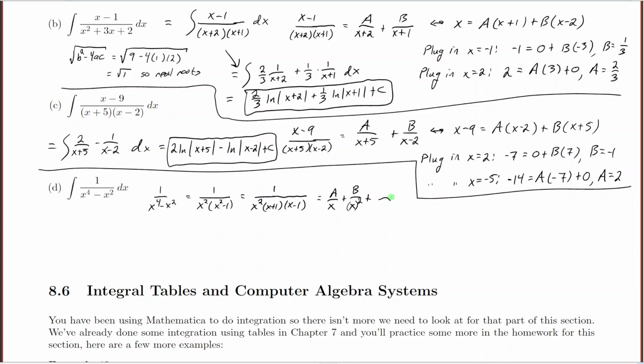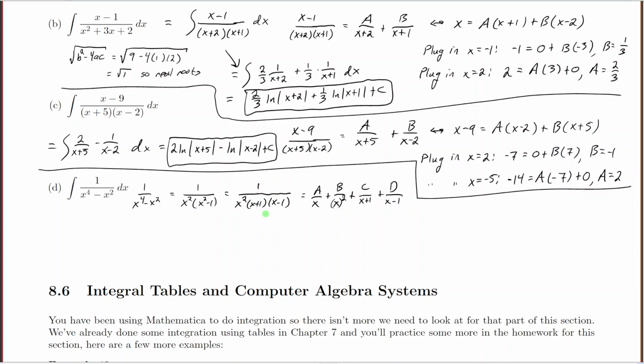And then we'll have a term for the, I'm going to run out of space here. I'm going to have a term for the x plus 1 denominator factor and another for the x minus 1. Both of those are linear, so we'll just have a constant in the numerator.